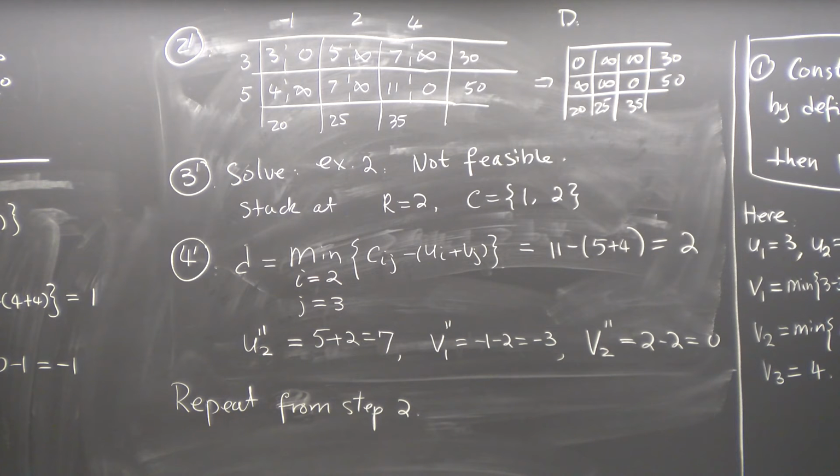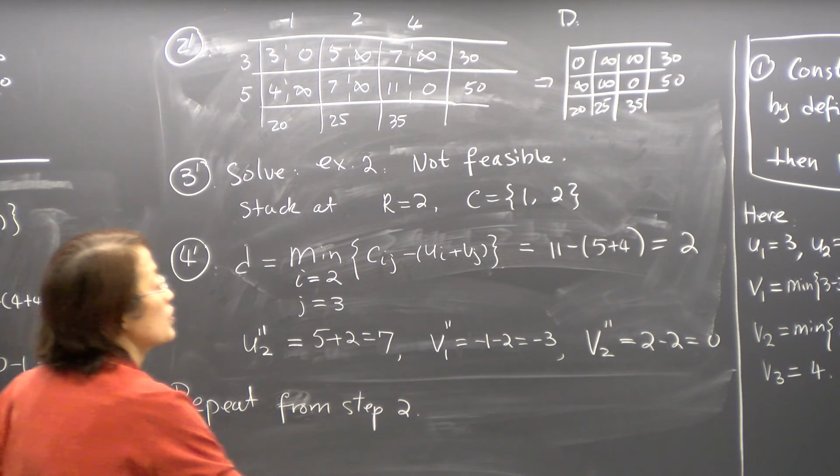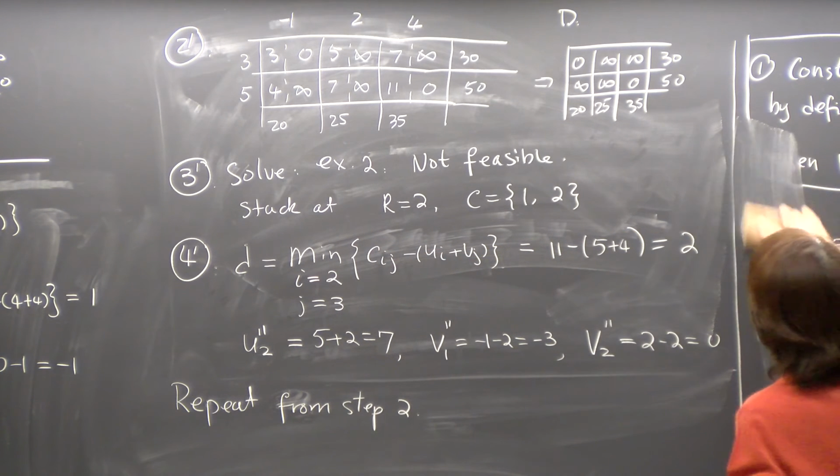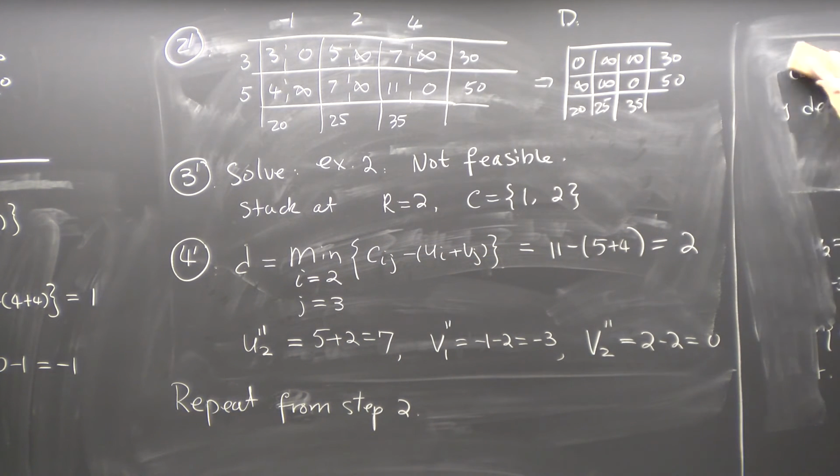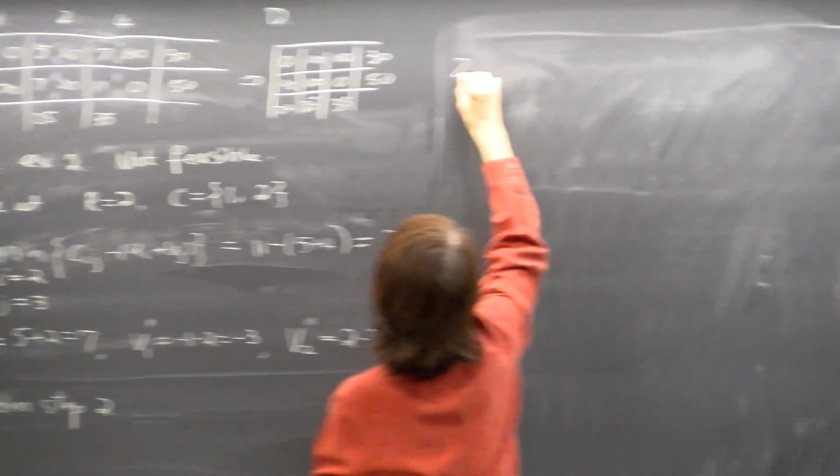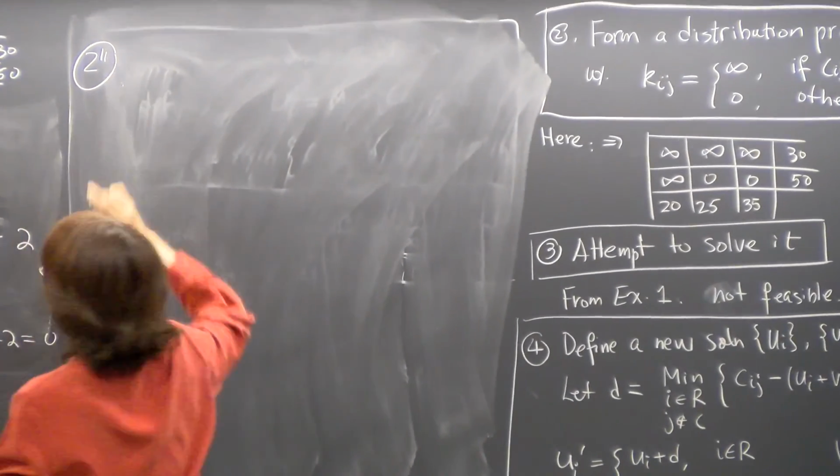Because we have to find a solution. This is still not feasible. Okay, let's go to step 2 and see if we get lucky. What do you think? Will we get lucky this round? So step 2, second run iteration.